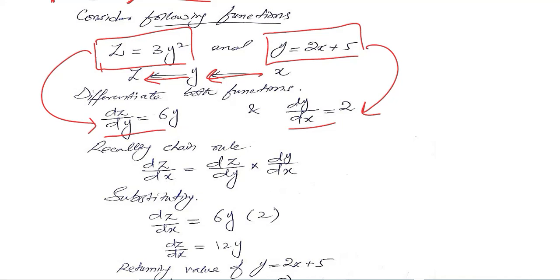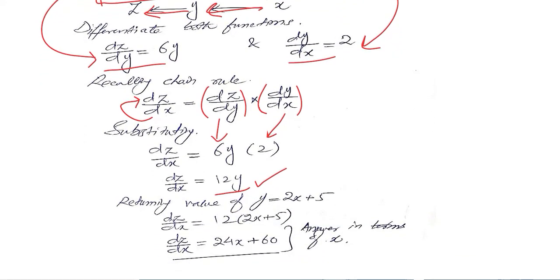Once we have found the derivatives of these two functions, we can simply put them into this formula, which is showing the effect of x on z via these two derivatives, which are being multiplied under the light of the chain rule. We have substituted the values. The value of dz over dy is this, and dy over dx is 2. So multiplying these, we get 12y, which is the effect of x on z.